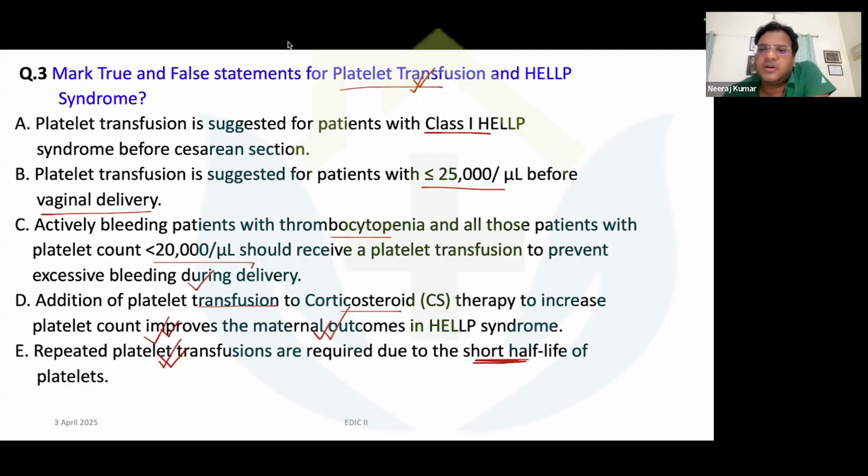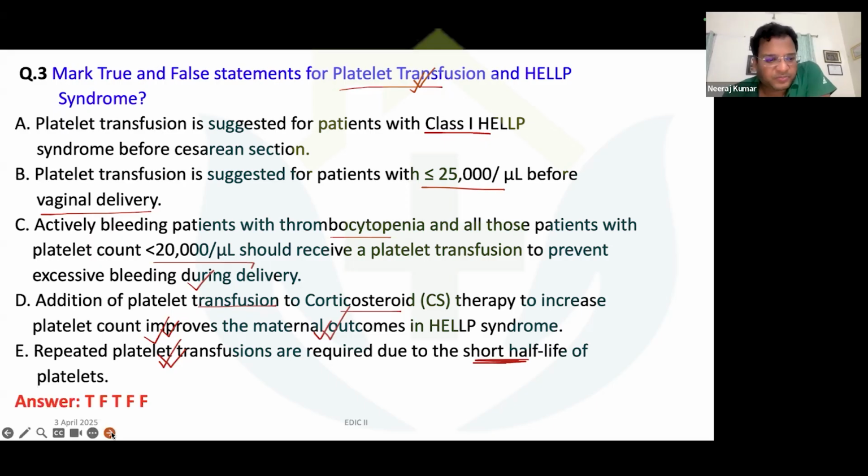Any other, any of you want to attempt? While reading, it seems that almost all options are true. If I go with one statement, I think every option is true. First, false, all options are false. Okay. Anyone more?